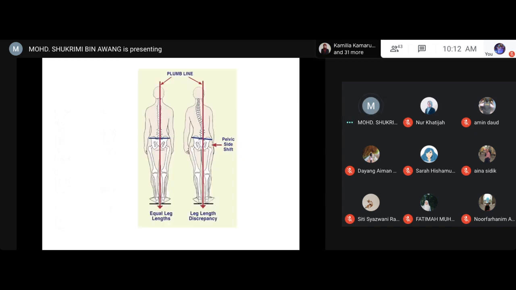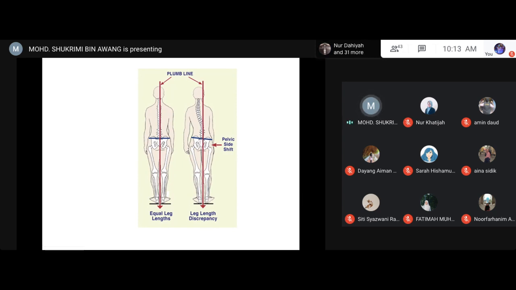All right. So if patient stands, this is supposed to be the straight line, we call a plumb line. Patient with a problem of scoliosis or limb length discrepancy, this one will deviate. So of course, if you see this deviation here, how to determine whether this is scoliosis, a structural one or a positional one? We have to ask patient to bend forward.